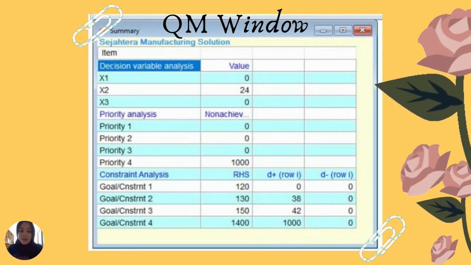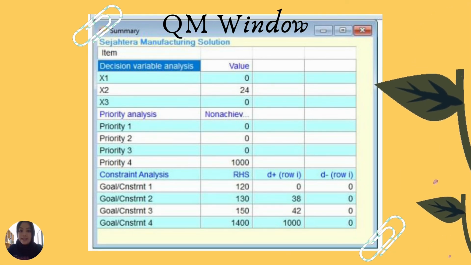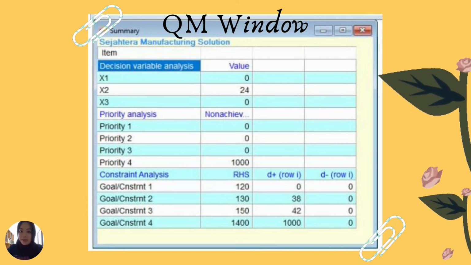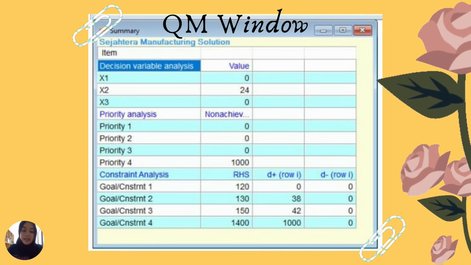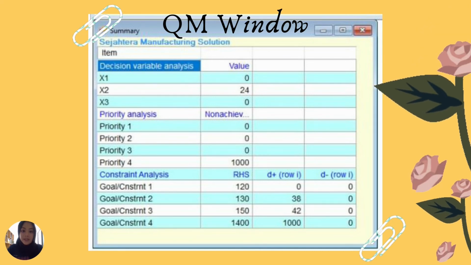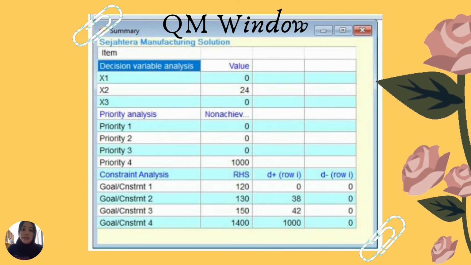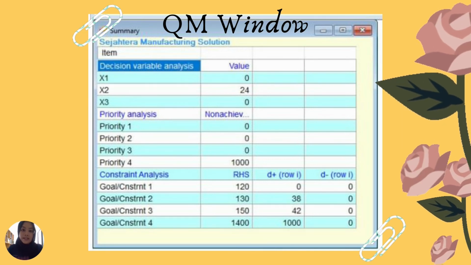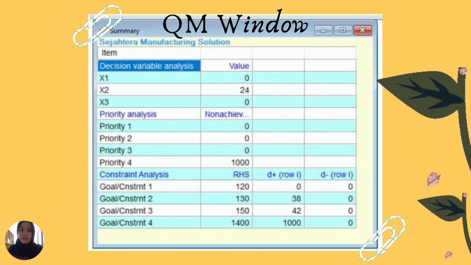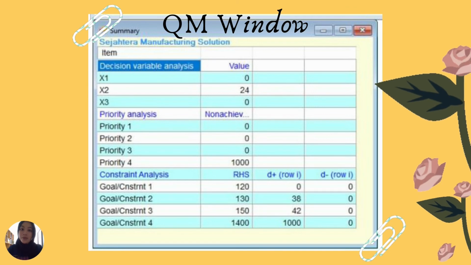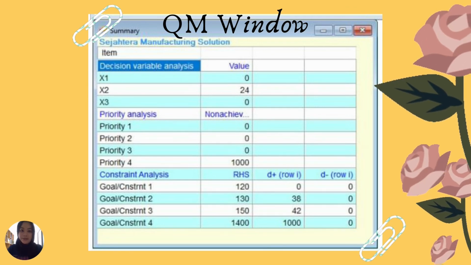Next, we explain the constraint analysis. We have the positive deviation variables and the negative deviation variables, and we identify whether the value is 0 or greater than 0. If both the positive and negative deviation variables are 0, the constraint is fully achieved.